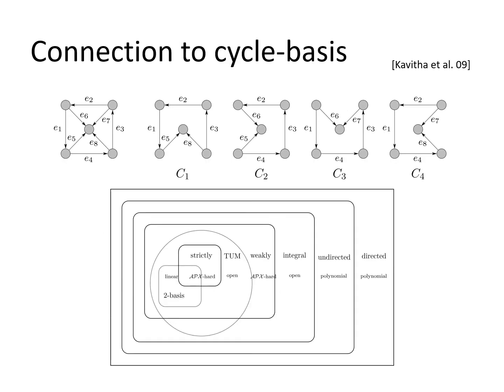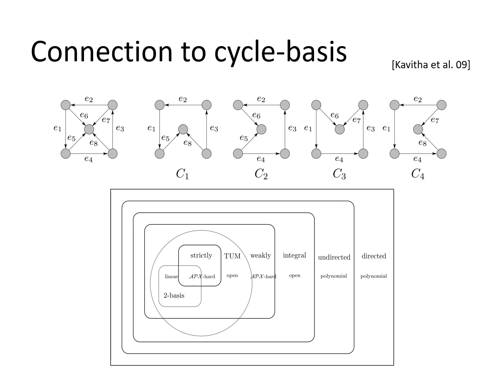I also want to draw some connections between the path-invariant basis and another combinatorial or algebraic quantity on graphs called the cycle basis. A cycle basis is a collection of cycles that can induce other cycles through linear combinations of vectorized encodings, the edge indicators of cycles.